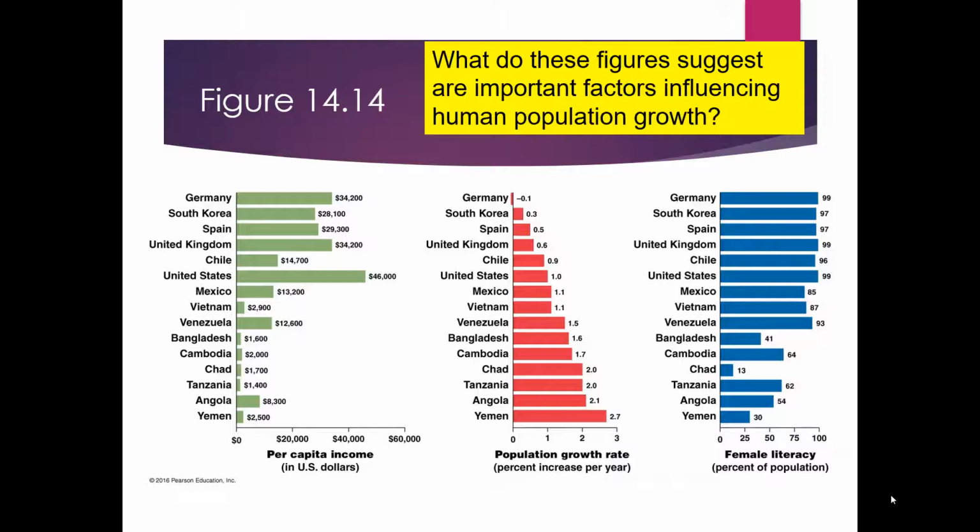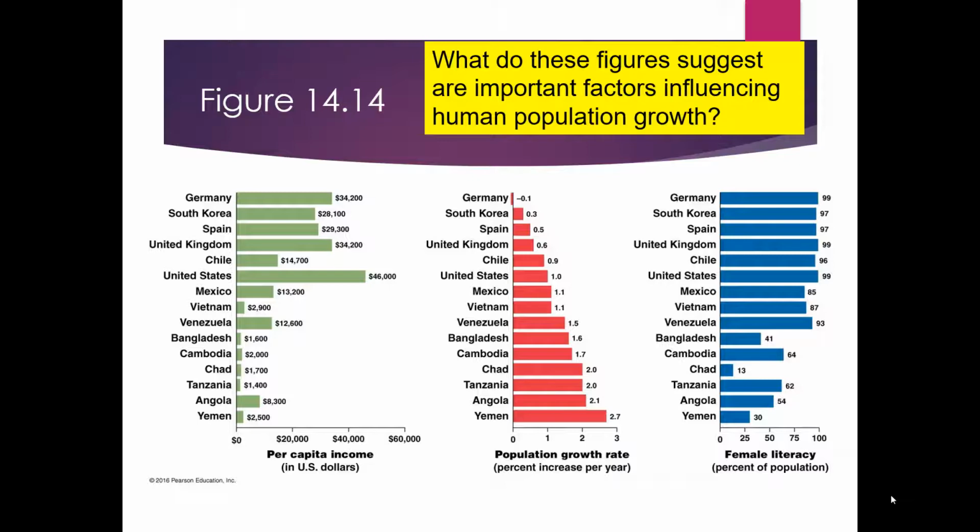And you can see where the United States is and where different countries are. Then on the left here in green, you can see how those numbers relate to per capita income. As the per capita income tends to increase, you see population growth tends to decrease. So that's interesting.